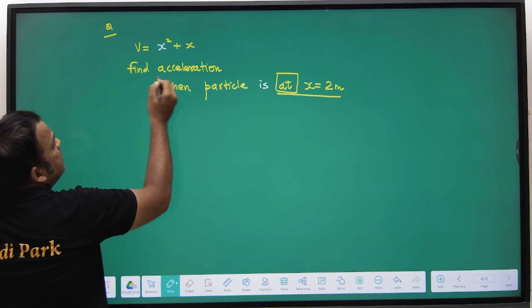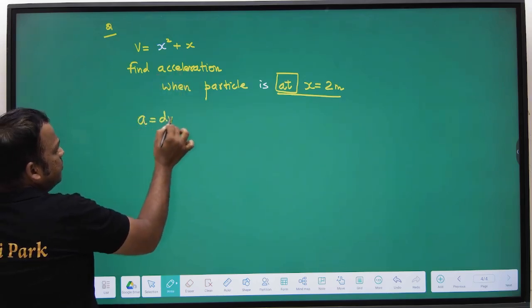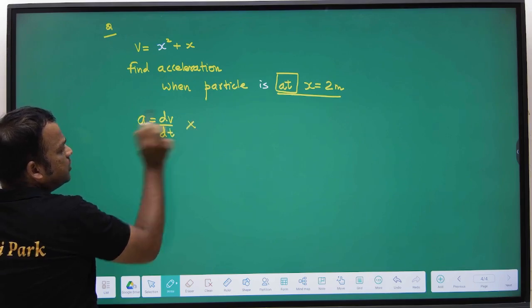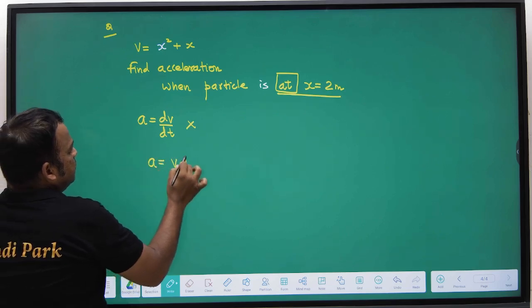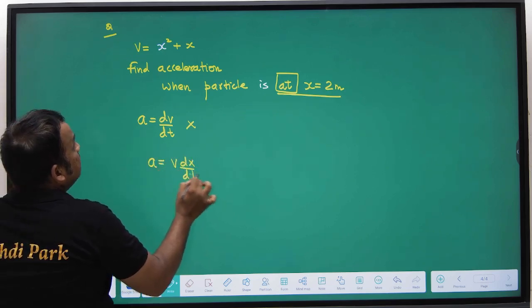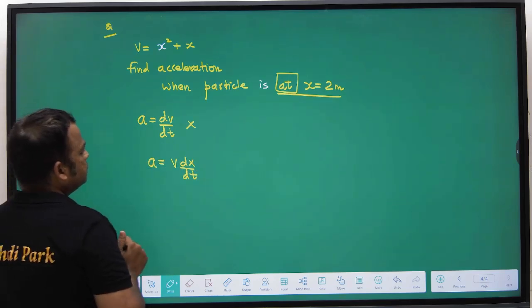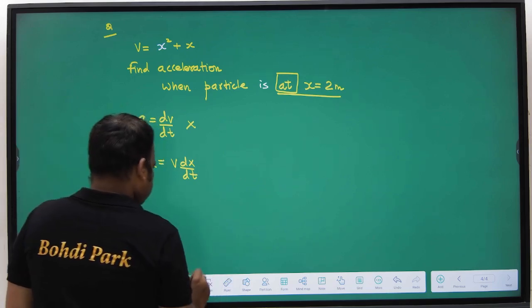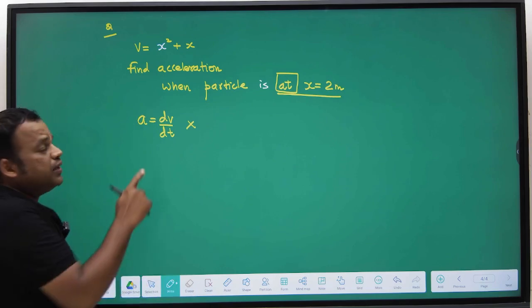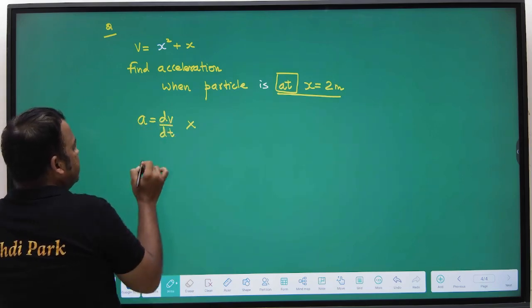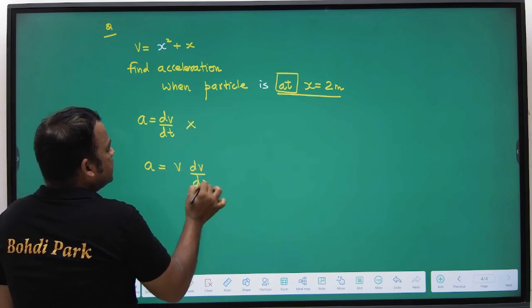This is instantaneous acceleration, but we cannot use dv by dt here. We have to use a is equal to v dv by dx.